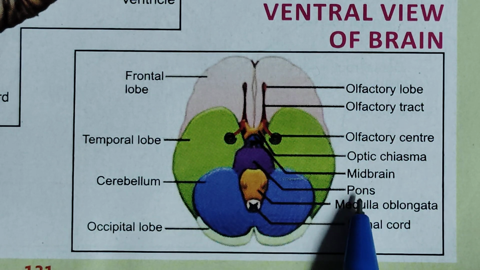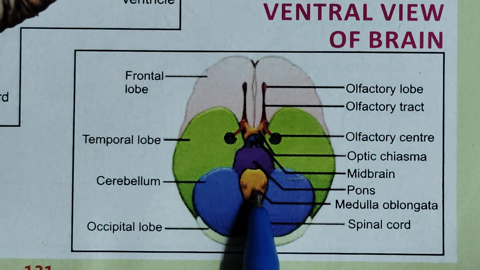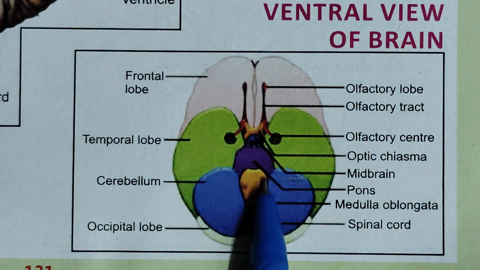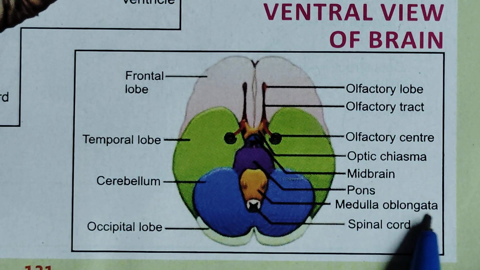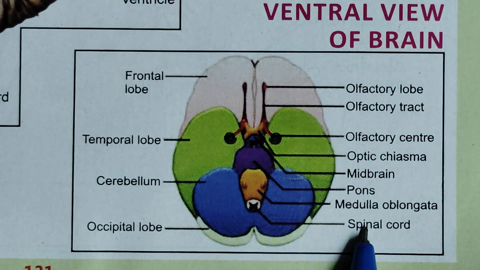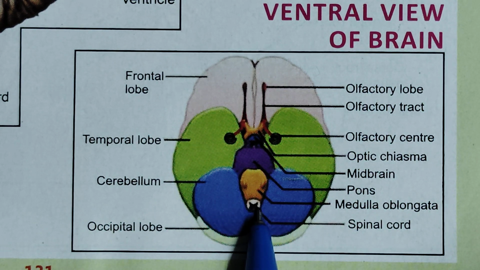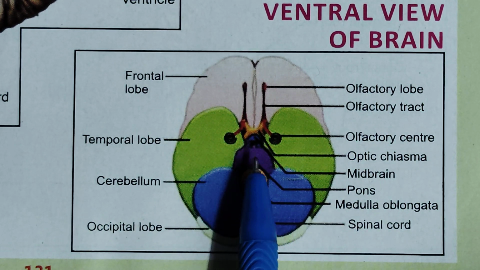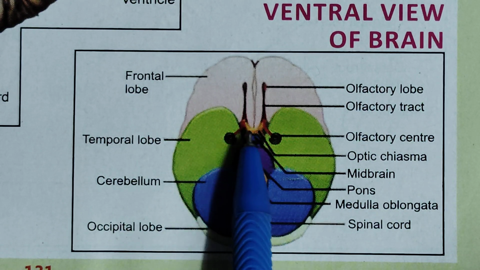Then the larger orange part, the medulla oblongata, and the white part with a black hollow, the spinal cord.